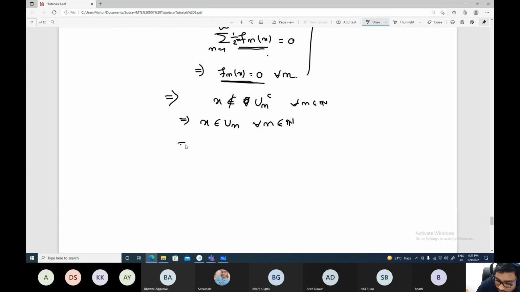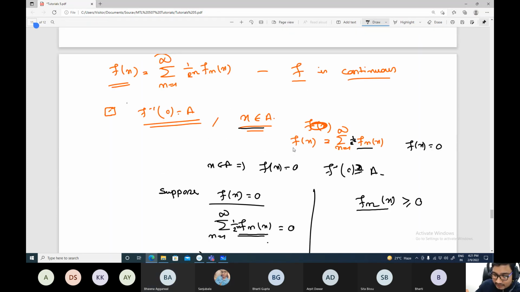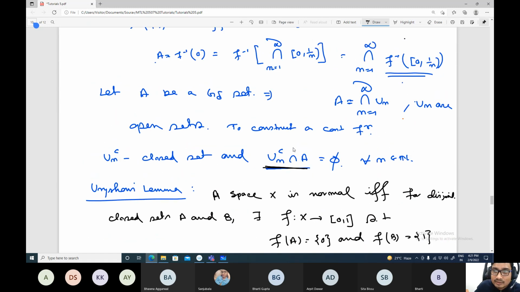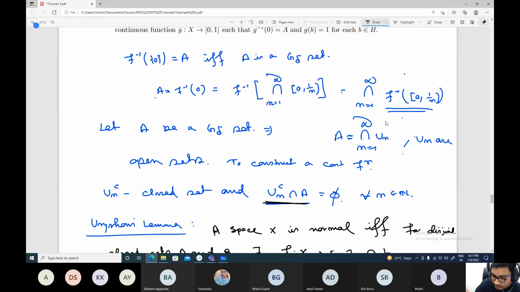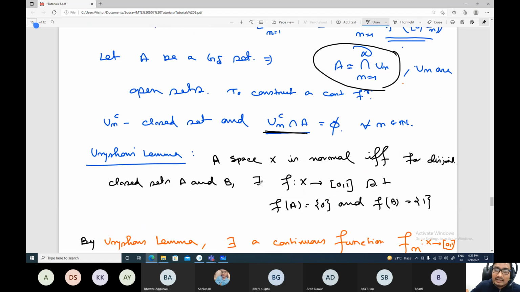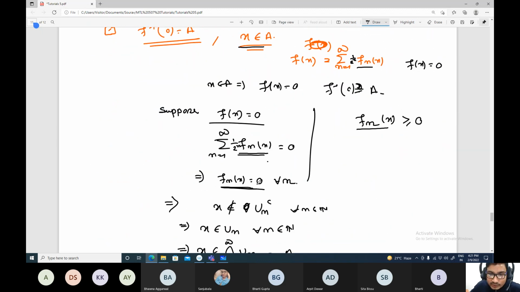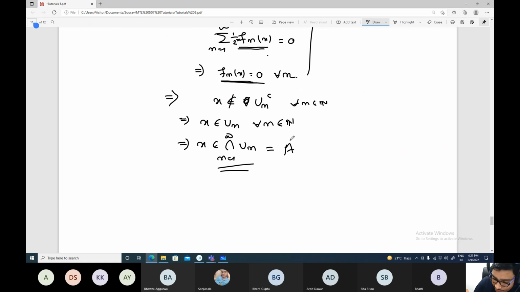This means x belongs to the intersection of Un, n from 1 to infinity. And what is the intersection? This is A, by this assumption. We have taken A as a G delta set where each open set is of this form, right? So x belongs to A.